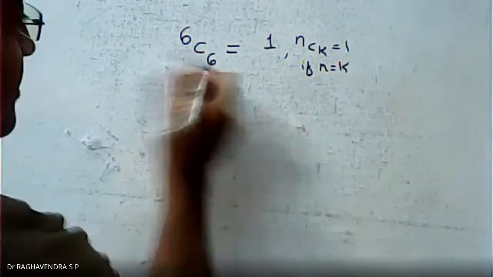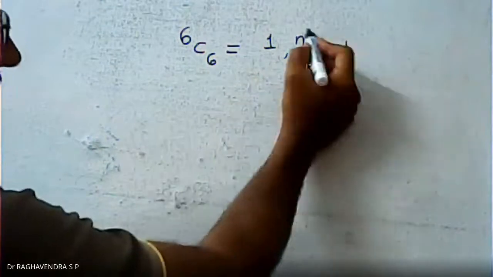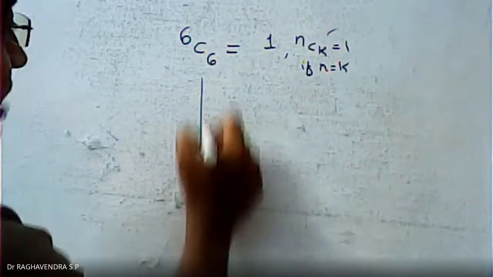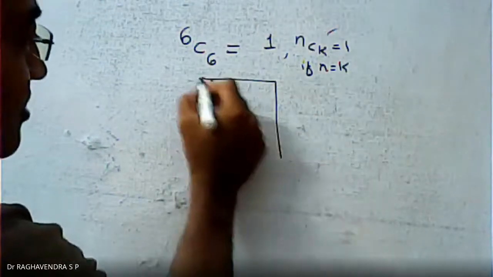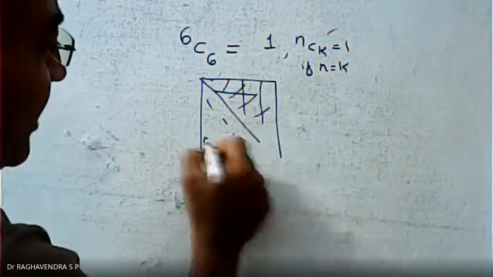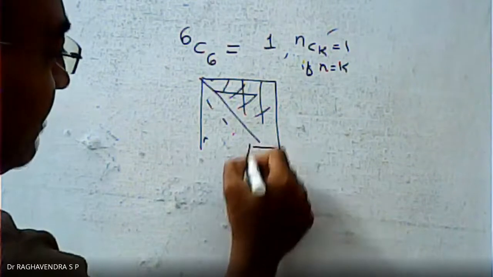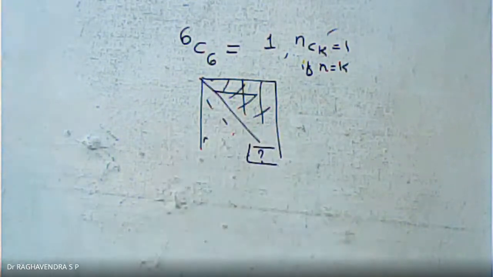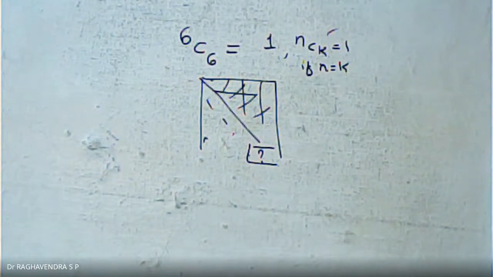So 6 is equal to 6. But you have to draw the table. You have to find out the value finally. Do it at home and everyone must WhatsApp me a photo. I will check that.